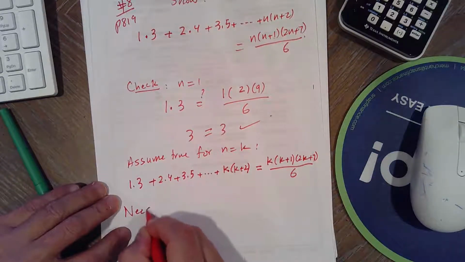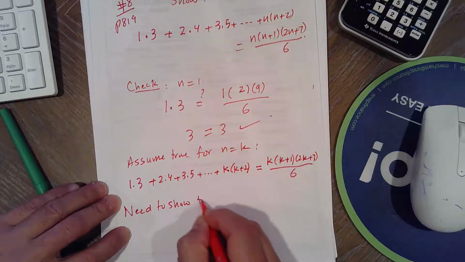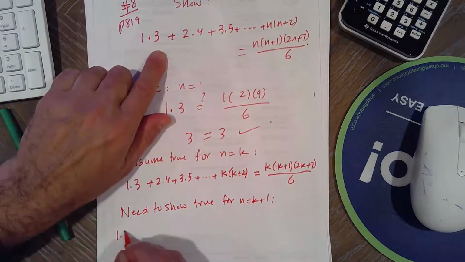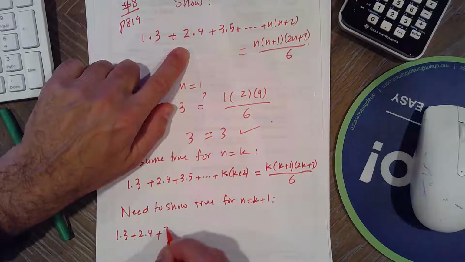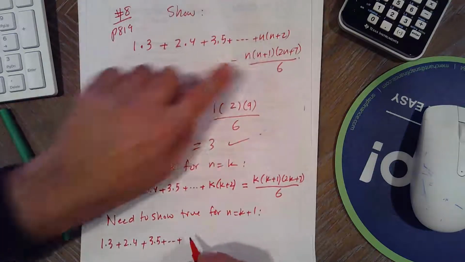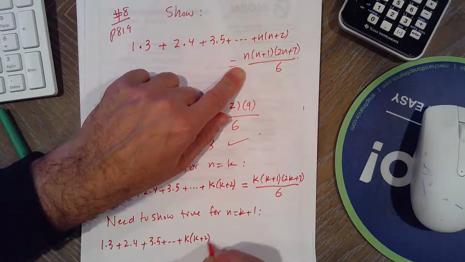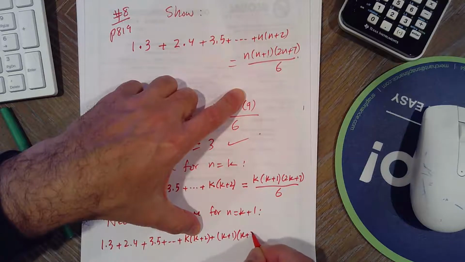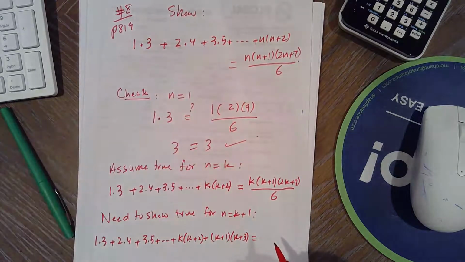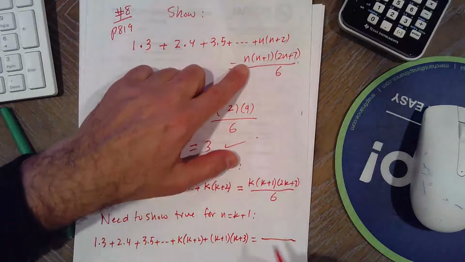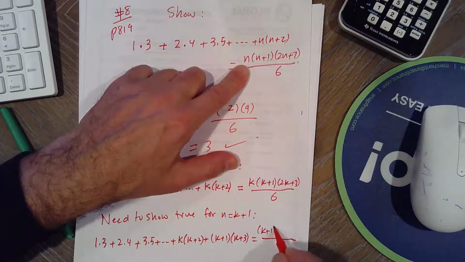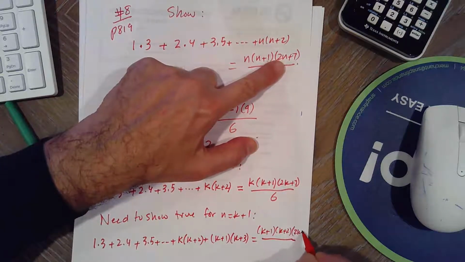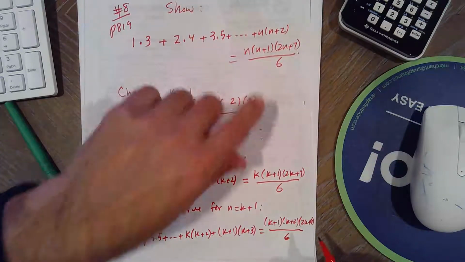We need to show the next one, true for n equals k plus 1. So we need to show 1 times 3 plus 2 times 4 plus 3 times 5 plus k times k plus 2, and then the next one is k plus 1 times k plus 3, equals, for n equals k plus 1, k plus 1 times k plus 2 times 2k plus 2 plus 7, 2k plus 9 over 6.